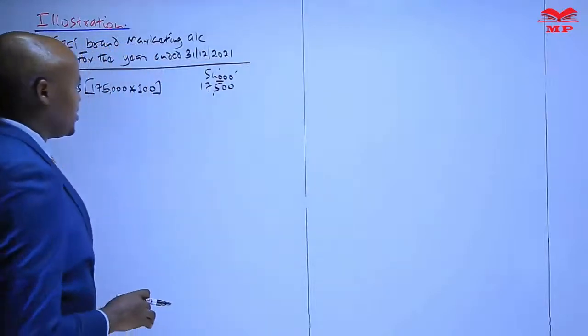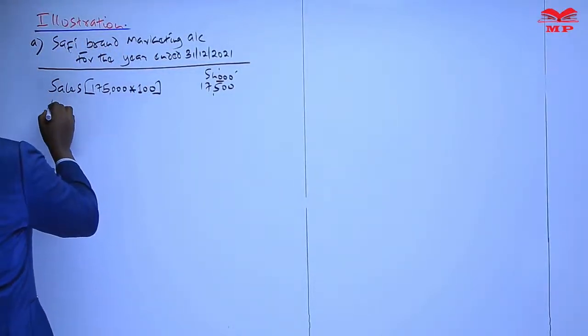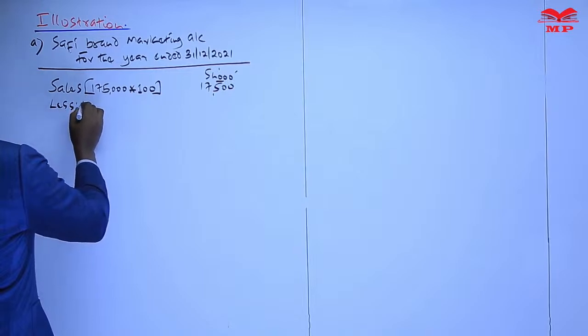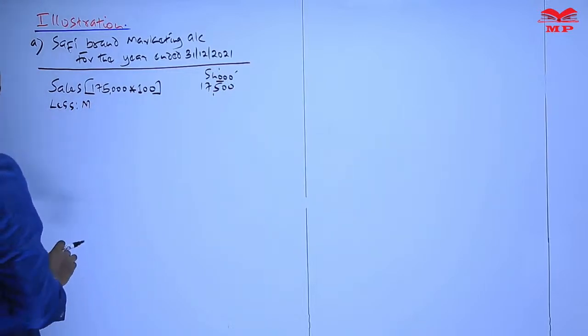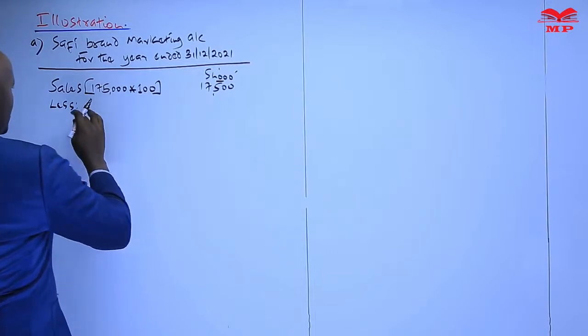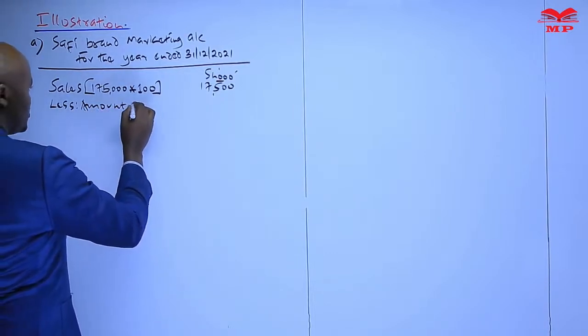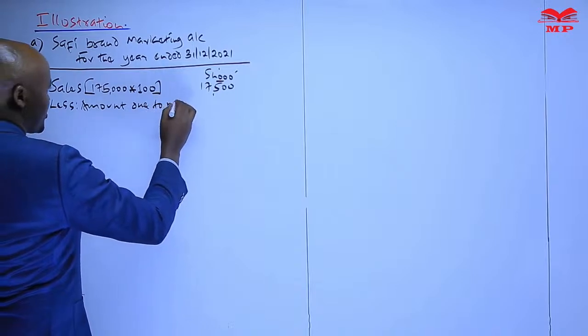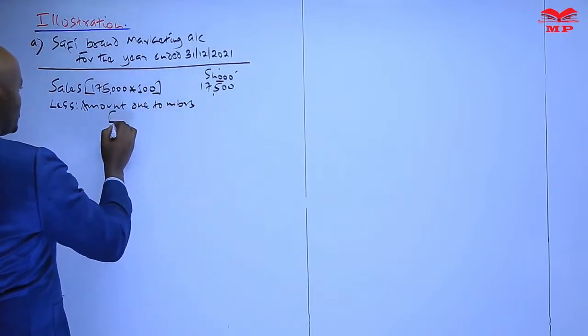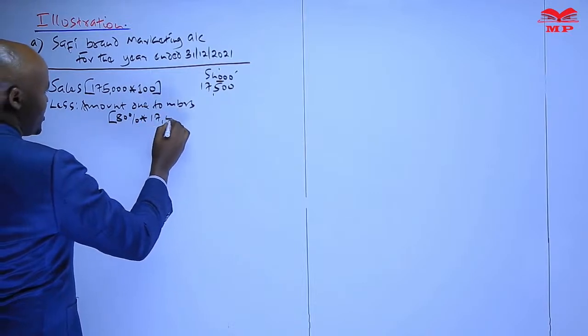So the first thing we need to do, even before we list the expenses, is to deduct the amount due to members. In our case, the amount due to members is 80% of these sales.